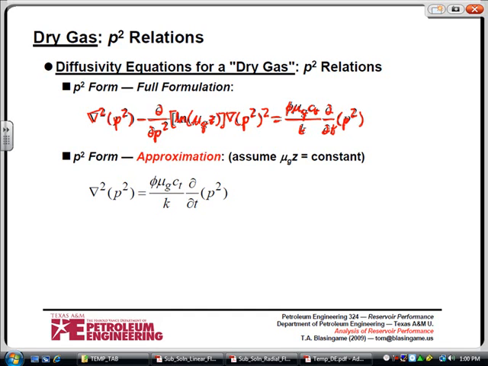The logarithm of a constant is still a constant, right? So, there we got it. If we assume mu z is equal to constant, then this whole derivative, doesn't matter if I'm taking the derivative of the amount of plutonium in your head, this whole thing goes to 0. And when that happens, we get this expression.